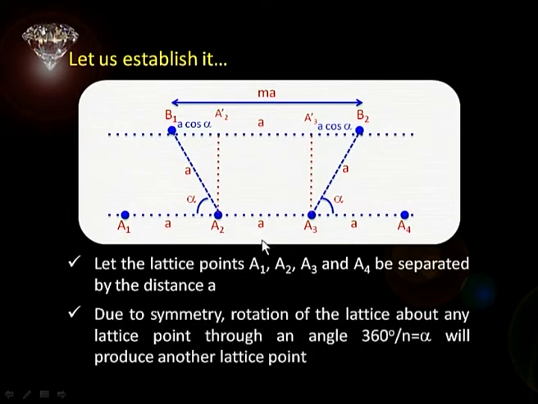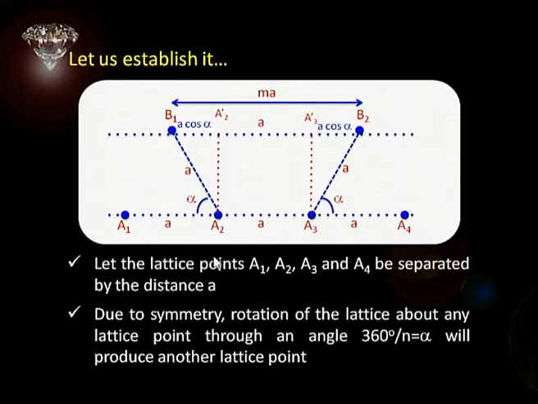Now, if it is a lattice, then any rotation on an axis at A3 by an angle alpha should lead to a new lattice point, say B2. If I make a rotation of alpha degrees the other way, I should get a point B1. This will be a set of lattice points parallel to the first set.